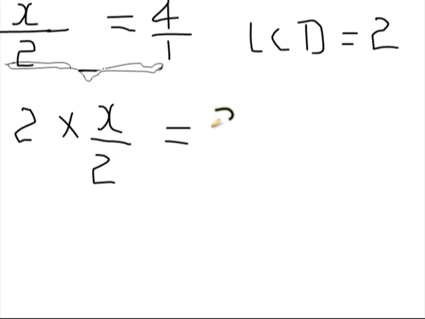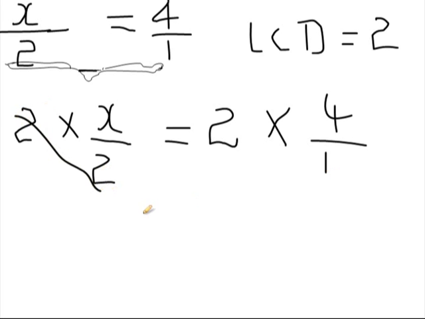So I'm going to have 2 times 4/1. I don't really need the 1, it's just to show the example. So now I cancel the 2, and I end up with x. 2 times 4 gives me 8.